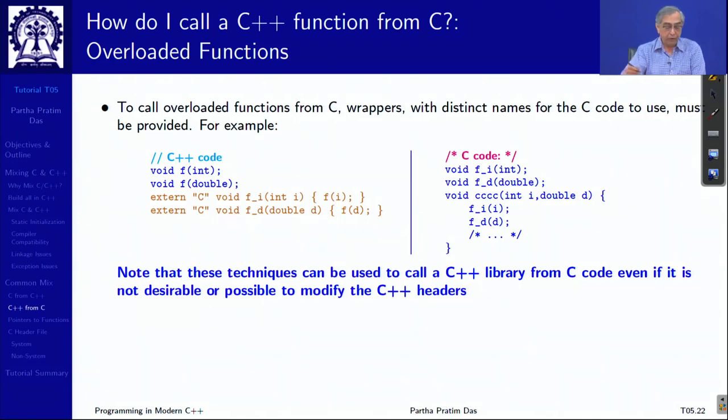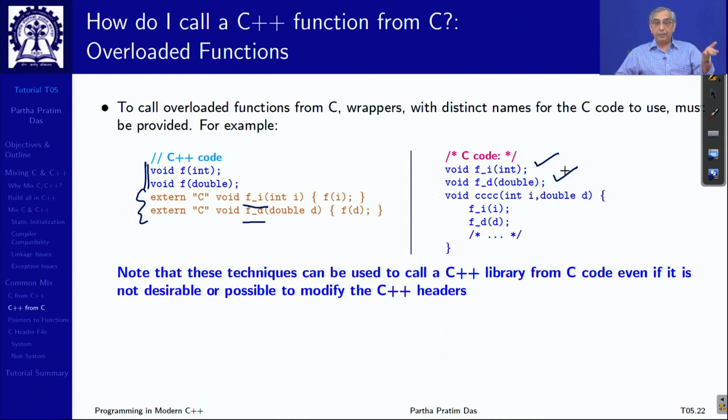So, if you have overloaded functions, I have two overloaded functions here. For each one of them, I will have a wrapper which just does the same thing. It just makes a call to the C++ function, but they are global and treated as unmangled names. So, in C you get to see only these global wrapper functions.